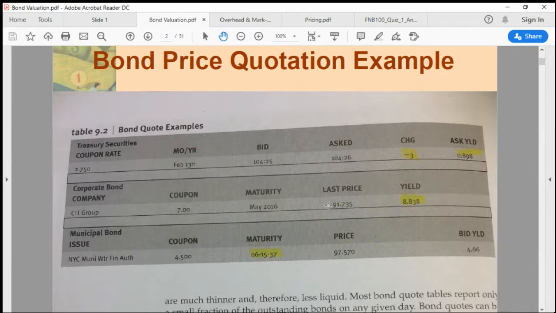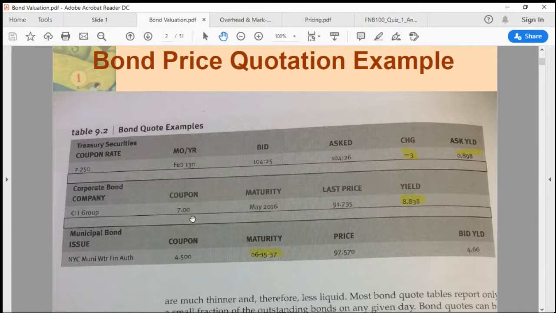What is the face value of the bond? Did I say the face value of the bond is $1,000? Except the muni bond, everything has a $1,000 face value, right? But think about it.